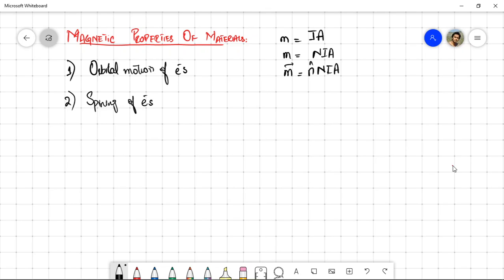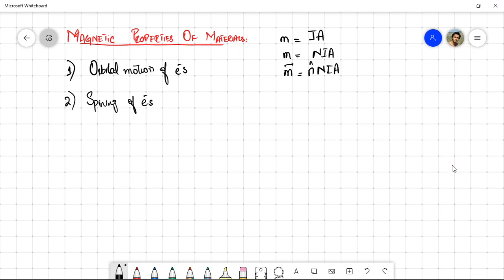If they are fixed, if they cannot move, their atoms or their domains will not be able to align themselves according to the external magnetic field, just like dielectrics, when the electrons were so tightly bound that they were not allowed to move in the vicinity of an external electric field. The same case is here. He's saying that the behavior of the material basically depends on the crystalline structure.